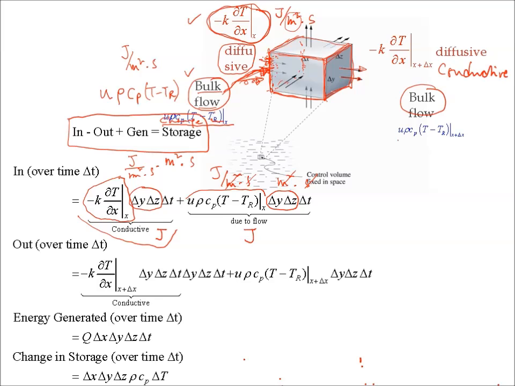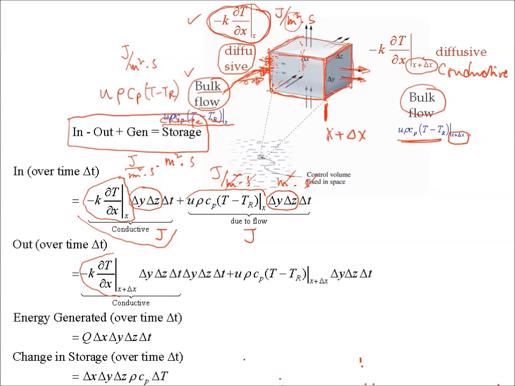Again, the same term, but the term is evaluated at this point because it's going out. So this is x plus delta x, and this is also at x plus delta x. So the amount of energy that goes out this phase over time delta t is given by these two quantities.